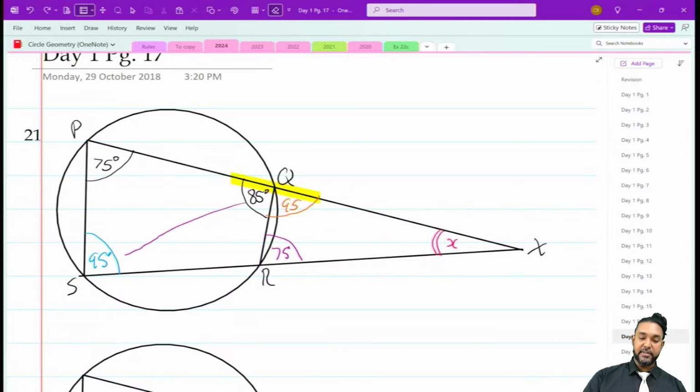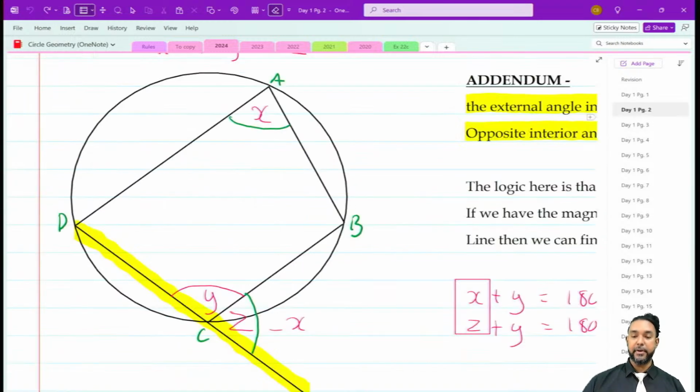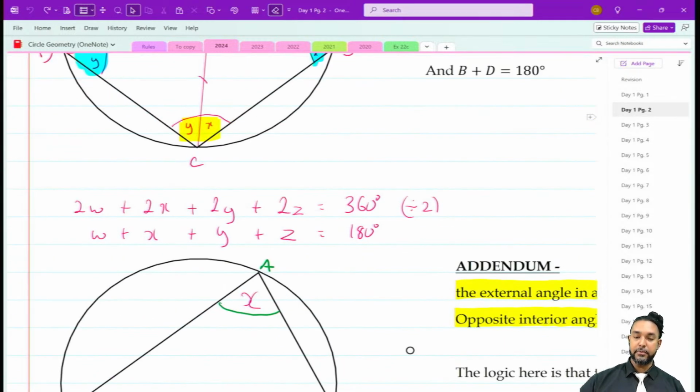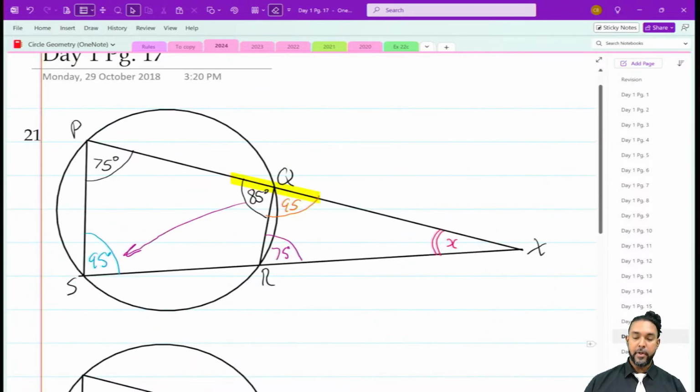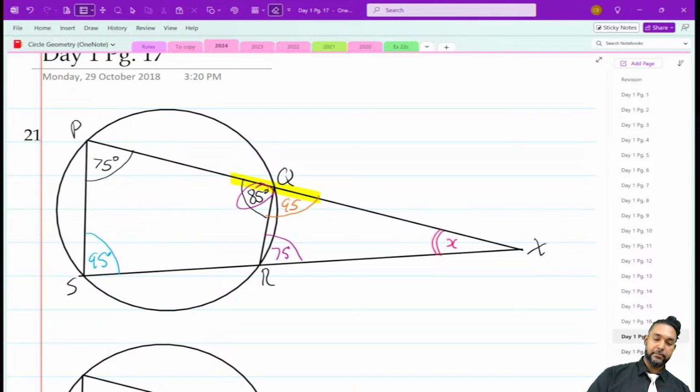The opposite angles of a cyclic quadrilateral are supplementary. That's rule number 2 that I taught you. So if this was 85, you could find 95 by subtracting 85 from 180.